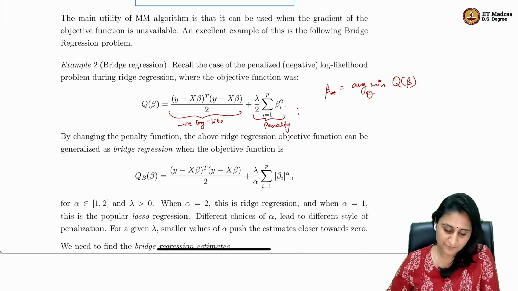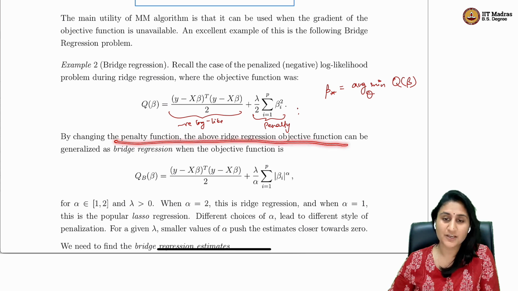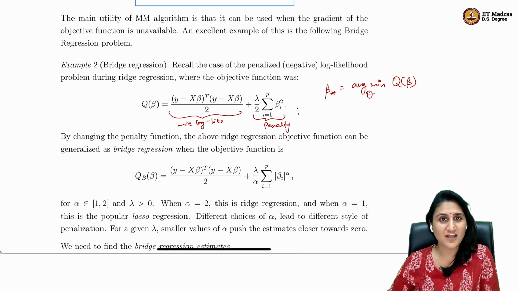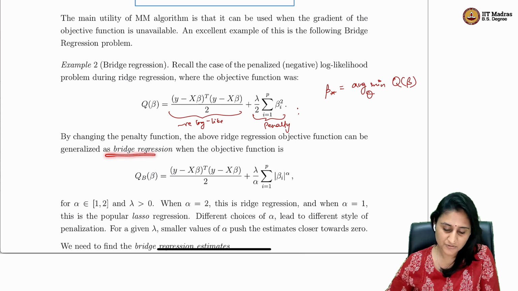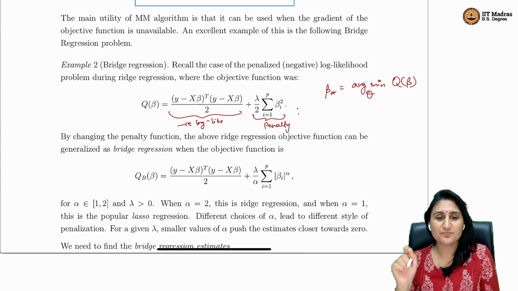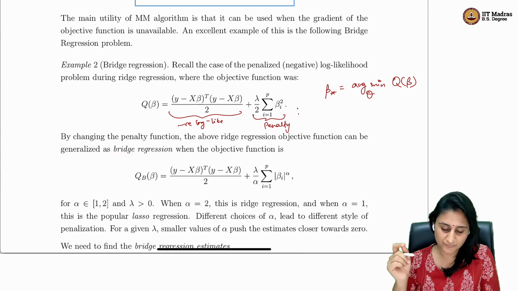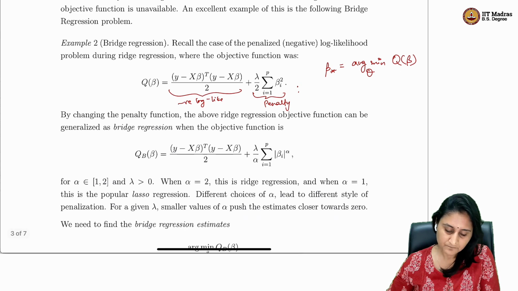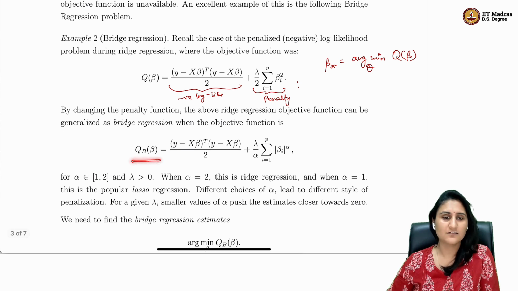By changing the penalty function, the above ridge regression objective function can then be generalized into something called bridge regression. And the particular kind of penalty function that is of interest is this one, where Q_B(beta) has the same loss function, but the penalty function is now lambda times the summation i going from 1 to p of the absolute value of beta_i to the power alpha.